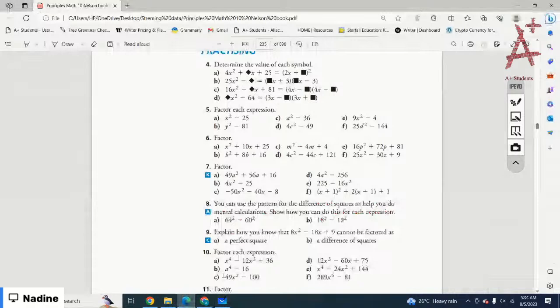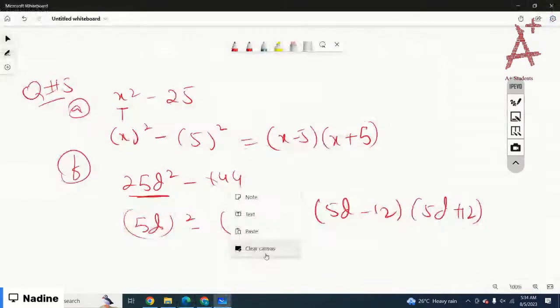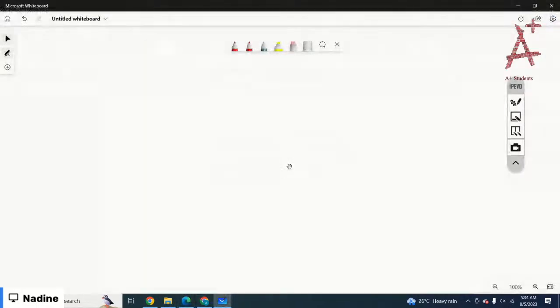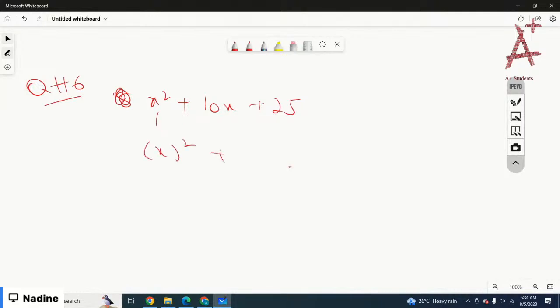Let's start with question number 6. x square plus 10x plus 25. Okay, this one is the square of x.